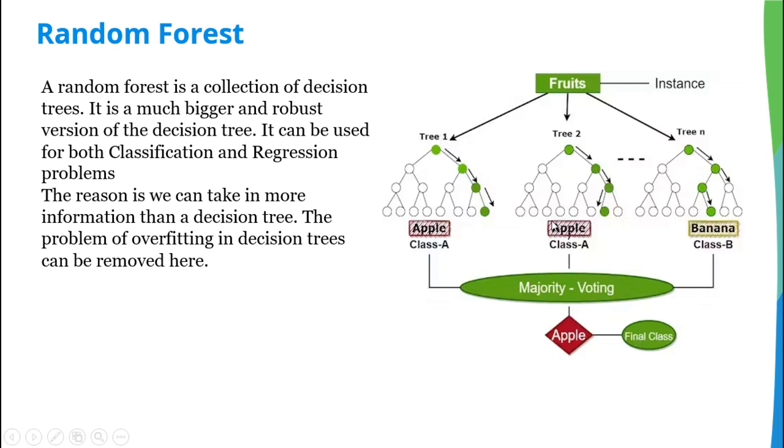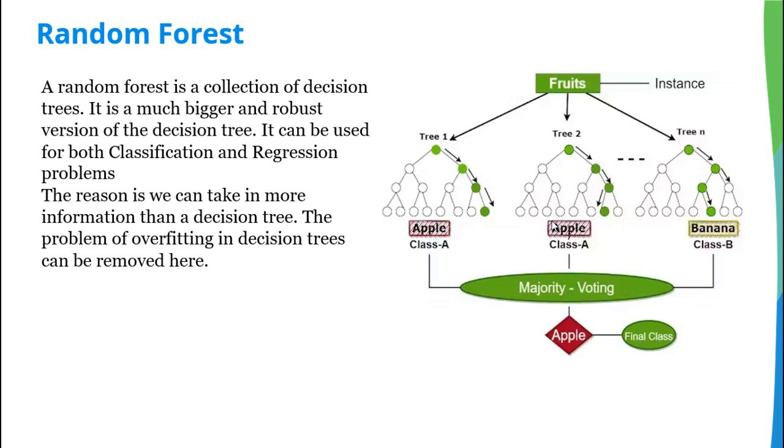We have random forest, which is an advanced version of decision tree. Random forest is a collection of decision trees. It is a much bigger and more robust version of a decision tree. Decision trees have limitations, but those limitations are captured and solved under the random forest. It can be used for both classification and regression problems.